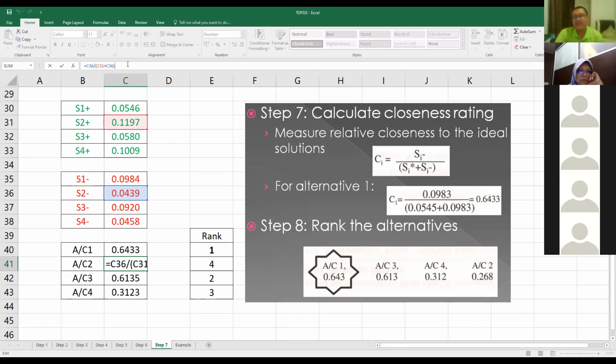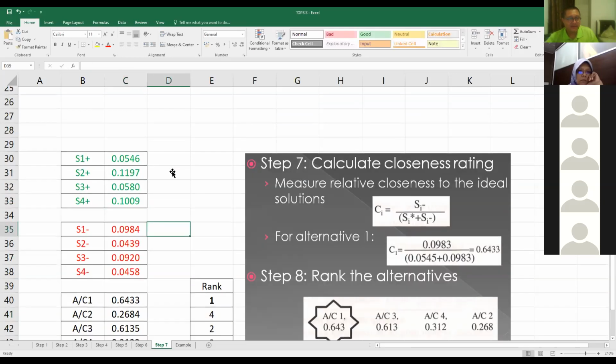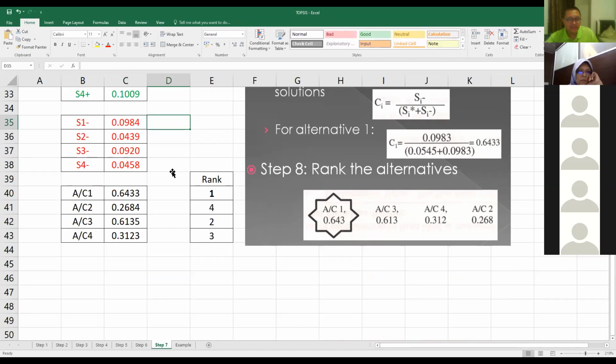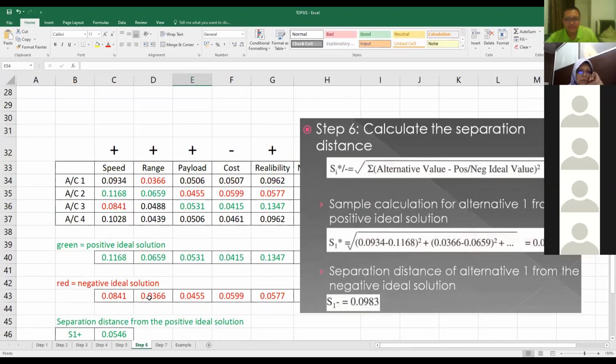Doctor, along the way, I noticed that all the values are positive, right? Yes, until the end. They will never be negative in any way, right? They will be positive as long as you do this process. This one, step number 6.